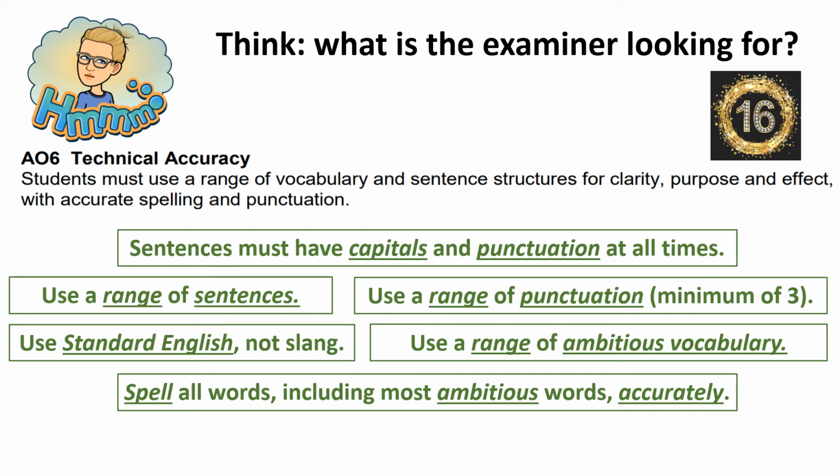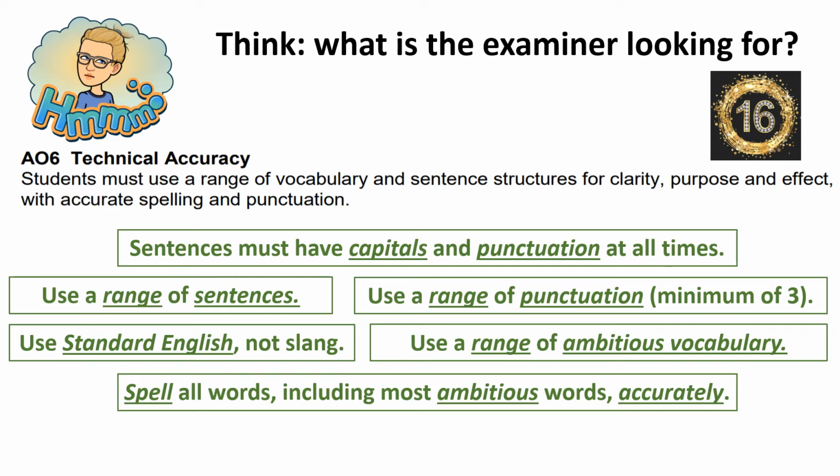So you get a vocabulary mark in AO5, you get a vocabulary mark in AO6, and you get a mark for spelling your ambitious vocabulary in AO6. So if you know some ambitious vocabulary that you can spell right, you are picking up a lot of marks for that. Those are the things that the examiner is looking for.